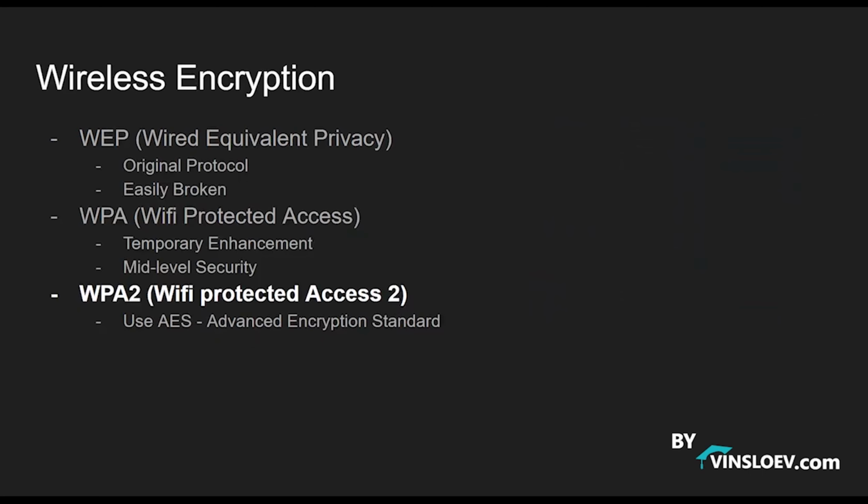So the most important thing when we're talking about Wi-Fi and wireless security is the wireless encryption, because if you're just transferring packages over an open network with no encryption, you can imagine that everyone within the signal range of this Wi-Fi could just plug in and connect, and then they will be able to collect your packages.